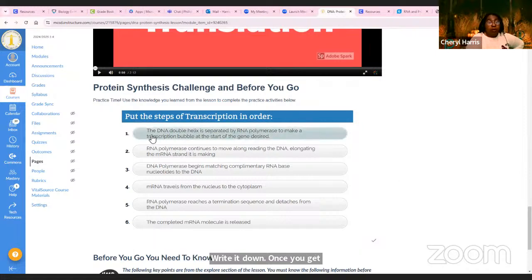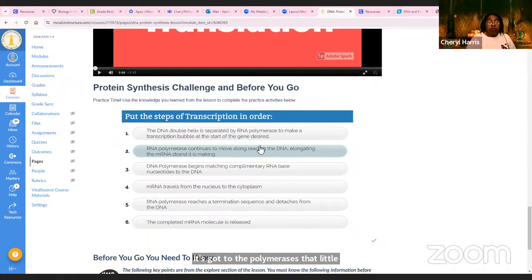All right, so now we have a transcription bubble. All right, so the next thing is the polymerase, that little thing that we had in the other movie.